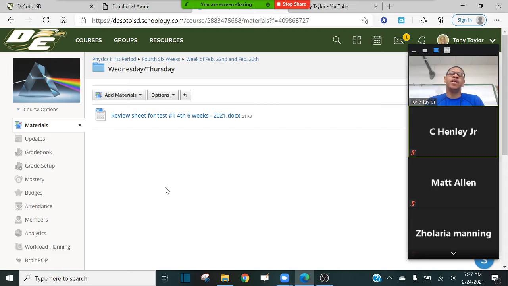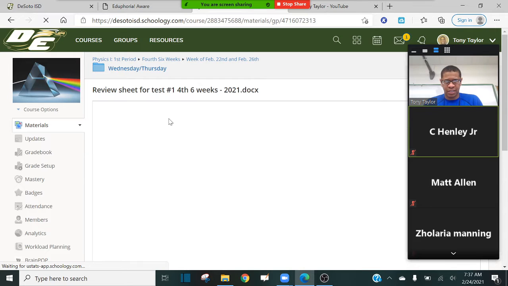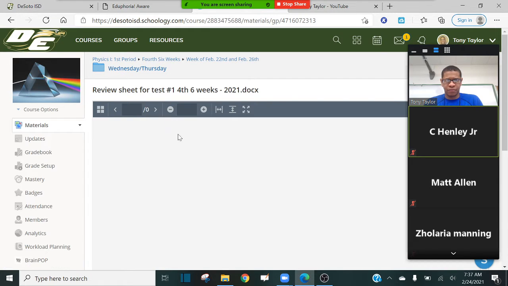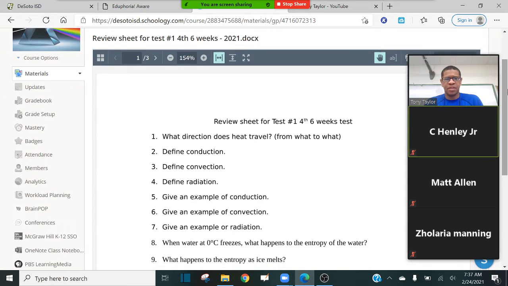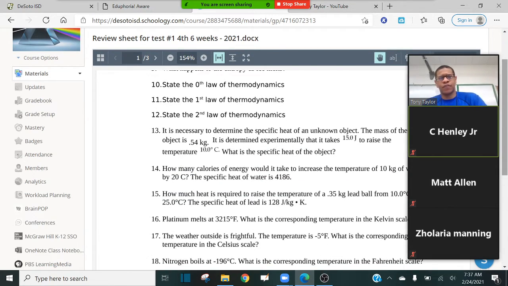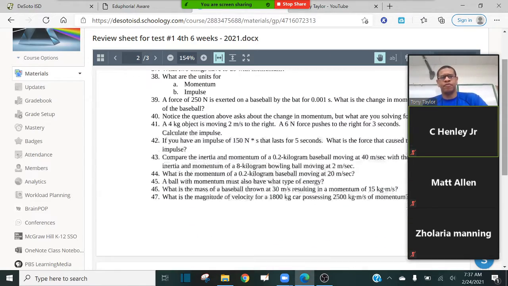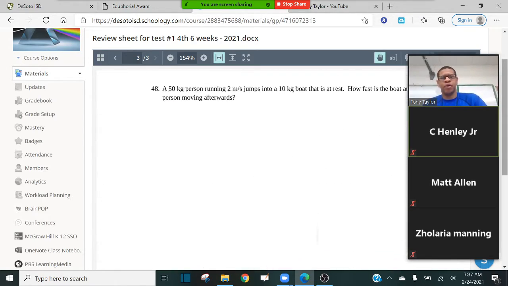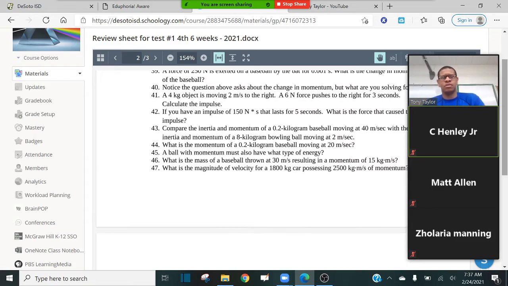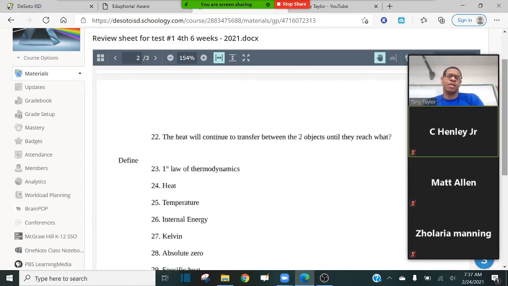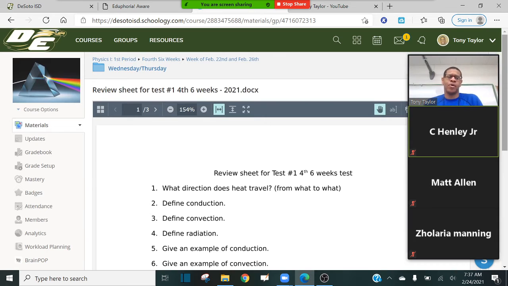If you look in the folder for today, I have a review sheet for the 6 weeks test. This review sheet basically just has several questions on it from both units that we did, the units on impulse and momentum, and the unit on thermodynamics.